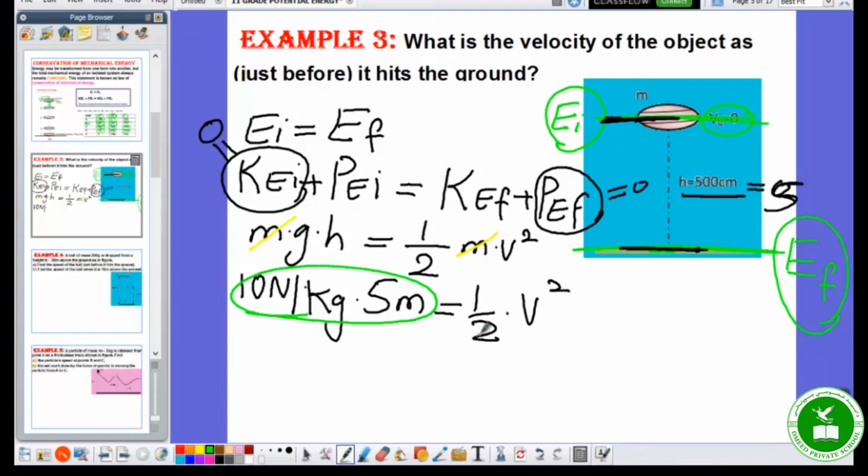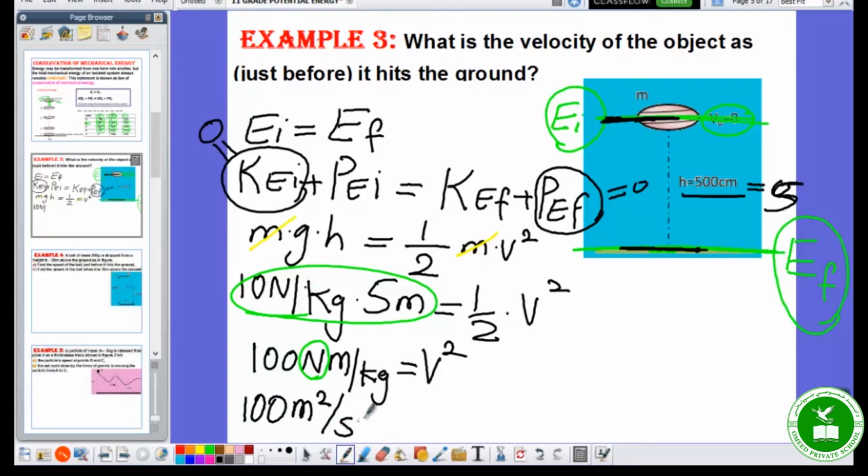If we cross multiply by 2, it becomes 100. Then 100 Newton meter per kg is equal to v square. If we use Newton's second law here, then this expression becomes 100 meter square divided by second square equal to v square.